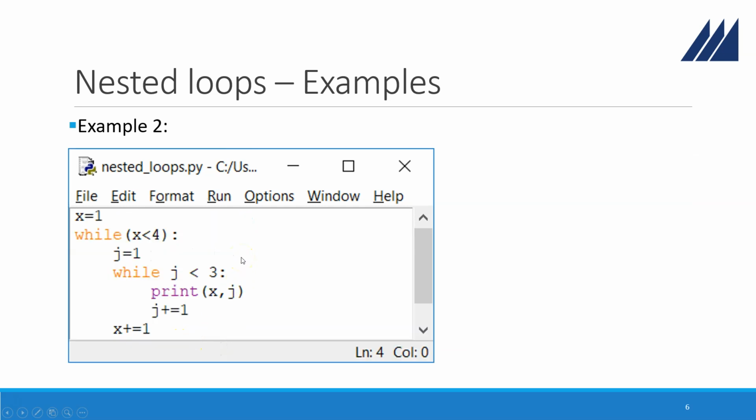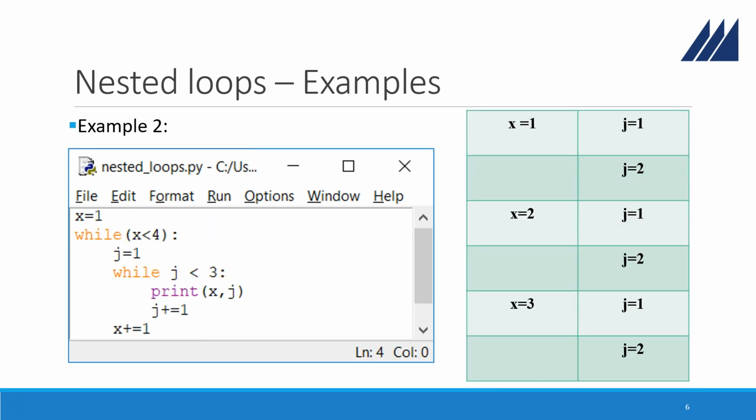Here is a similar example, but using the while loop. Remember, with the while loop, we always have to initialize, otherwise we're going to have a problem with an infinite loop. So I initialize the value for the outer loop, which in my example is x. I said x equals 1, while x is less than 4.